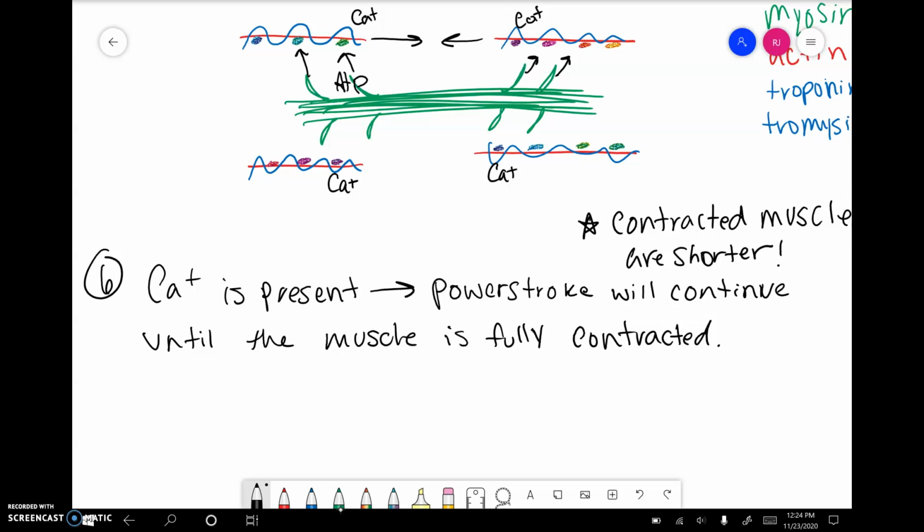So that's our last step here, is just that repetition of this power stroke. Myosin is going to detach from our binding sites, move to a binding site that is going to be further down on the actin, and pull it again closer and closer together until that muscle is fully contracted.